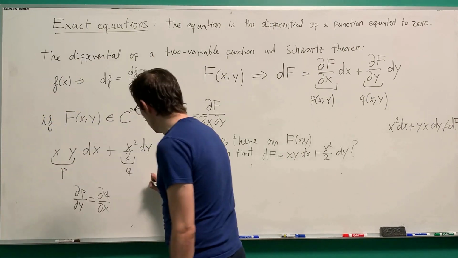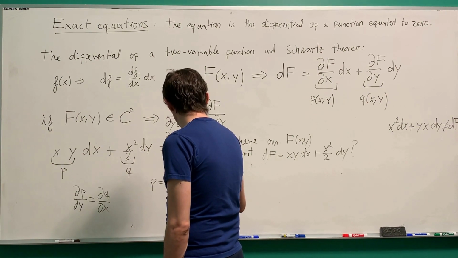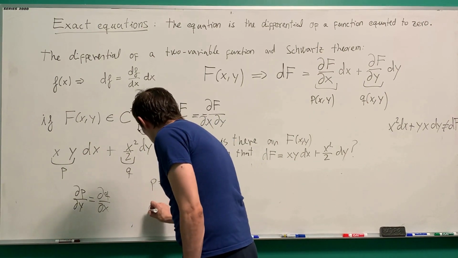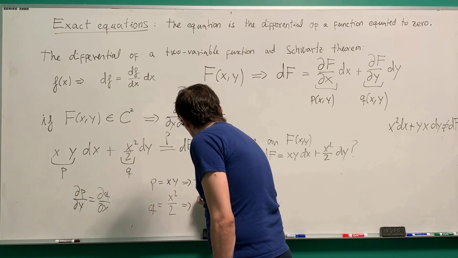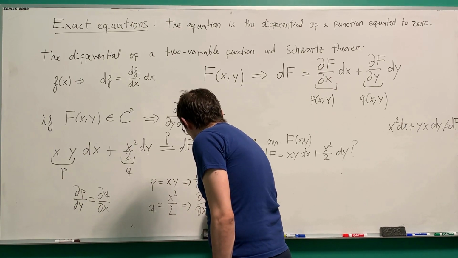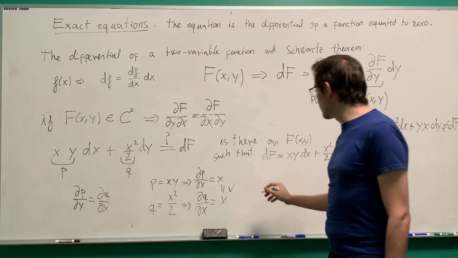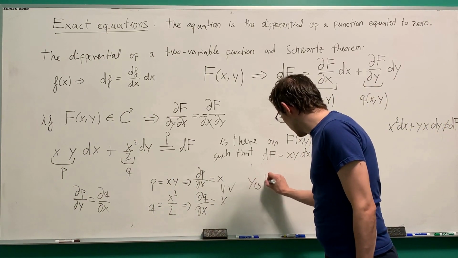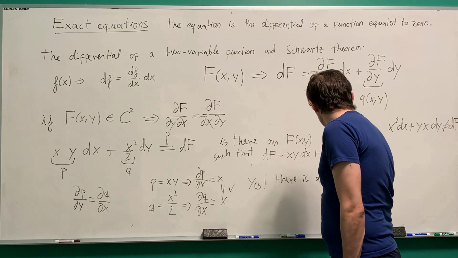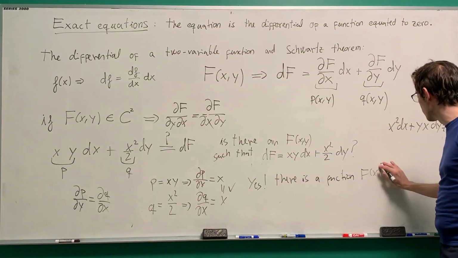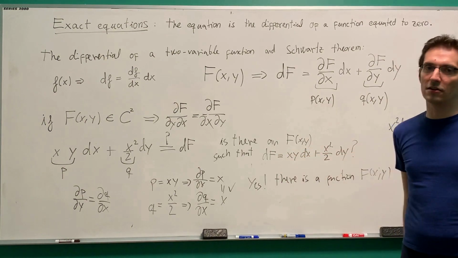Alright, let's write it in this case. p is xy, that means that partial p, partial y is equal to x. And then q is x squared divided by 2, which means that partial q, partial x is equal to x. Nice, they coincide. So because they coincide, the answer is yes. There is a function f of x, y, such that this is the differential of it.